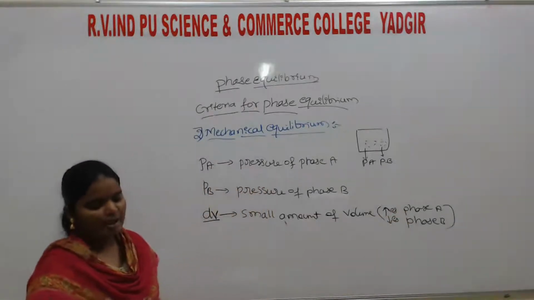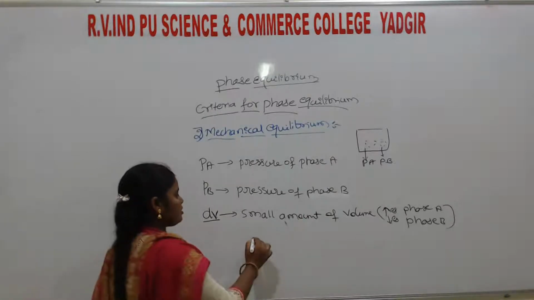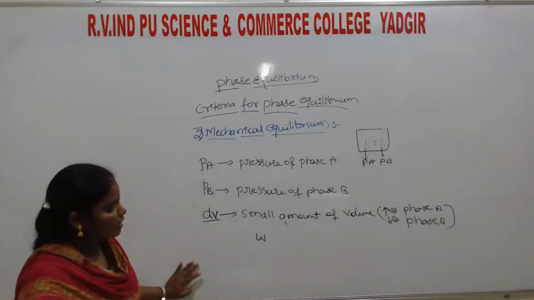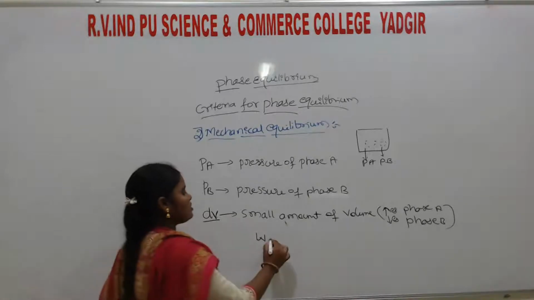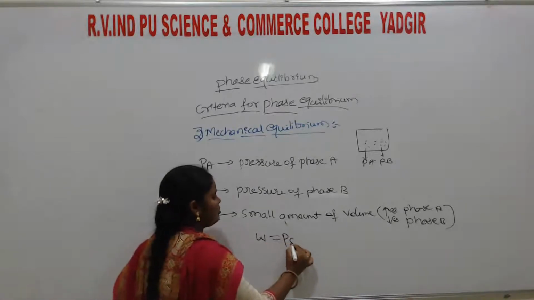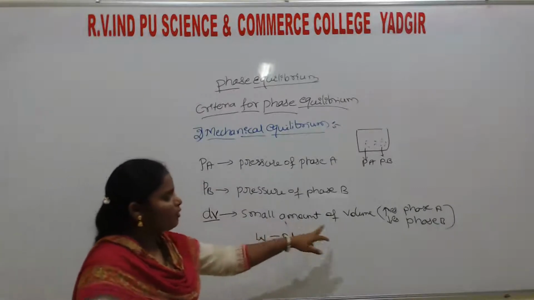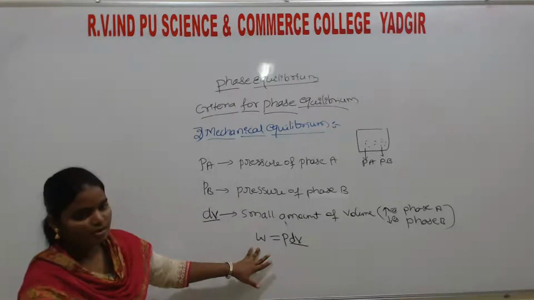Next, according to thermodynamic criteria, the work done is W equals P into dV, where dV is a small amount of volume, P is the constant pressure, and W is the work done.